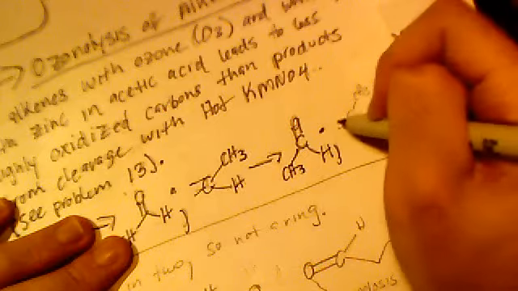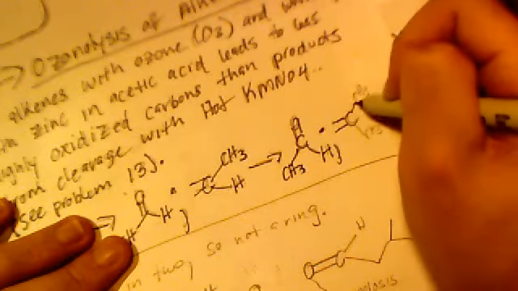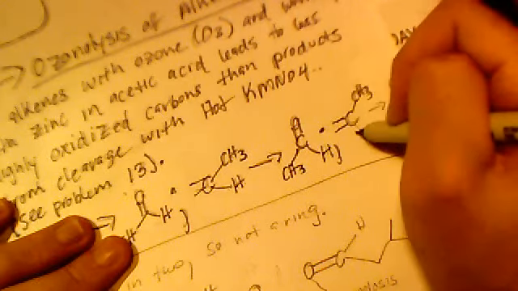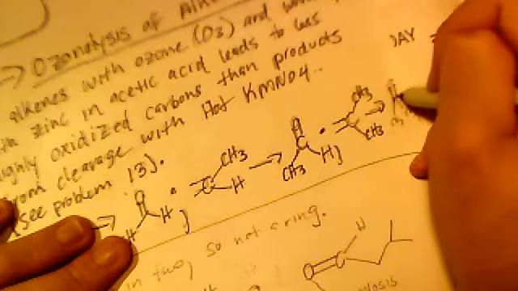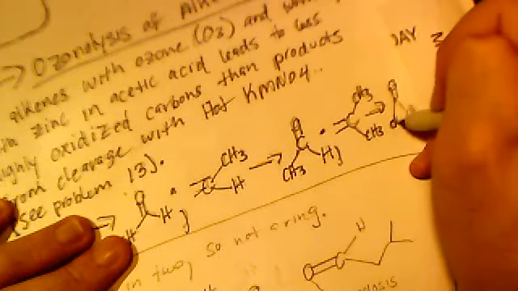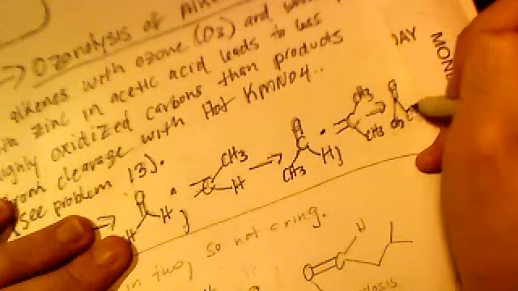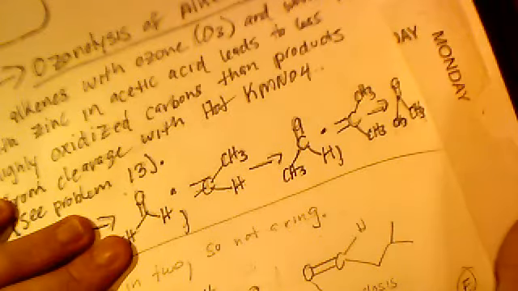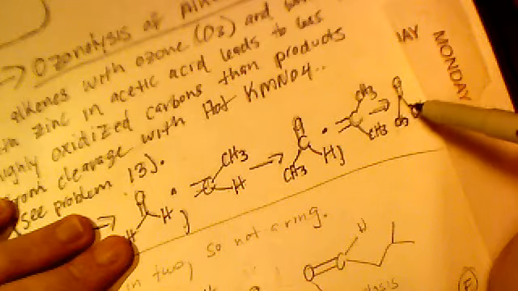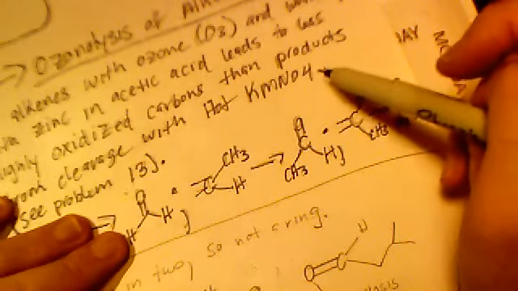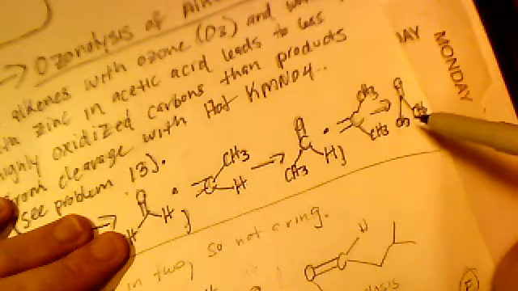And finally, disubstituted carbons become ketones, right? Disubstituted carbons became ketones with potassium permanganate as well.